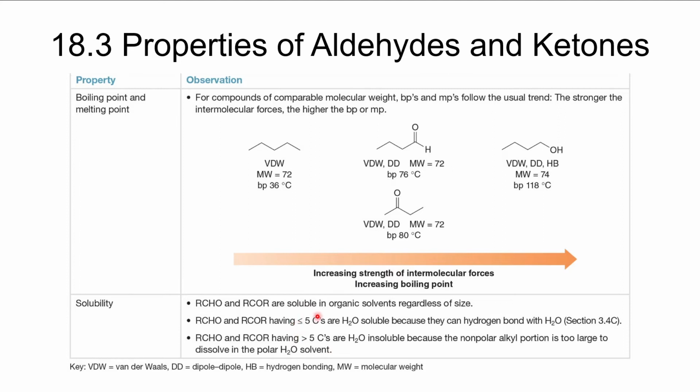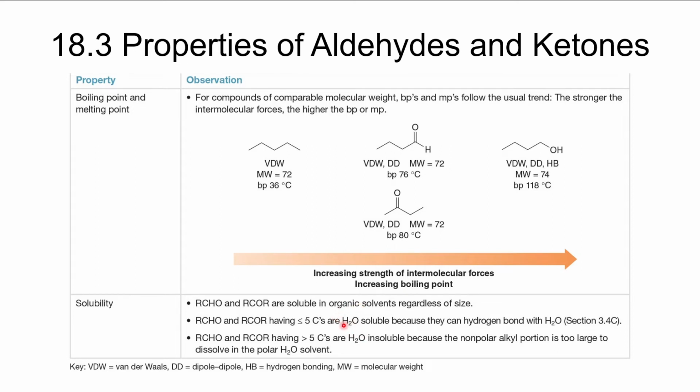For solubility, we will find that the smaller ones, so smaller aldehydes and ketones, tend to be water soluble. So, for example, acetone, which has 3 carbons, is quite soluble. Methyl ethyl ketone, which we talked about, has 4 carbons. That one's also pretty soluble in water. When we get to 5 carbons like pentanone, we start to get to that point where it'll dissolve a little bit in water, but it may start to oil out at higher concentrations.